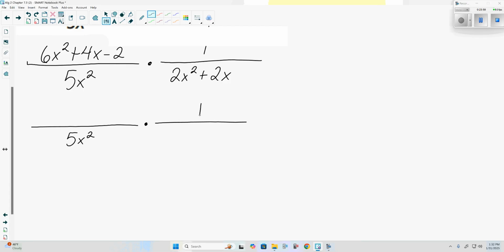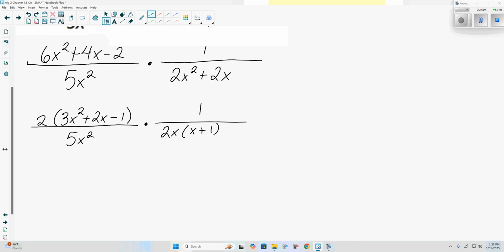So we can do part of it so far because before we do our parentheses, is there a greatest common factor? It is 2. So let's factor it out. Because if we factor that 2 out, we're left with 3x squared plus 2x minus 1. On the other one, 2x squared plus 2x, 2x.